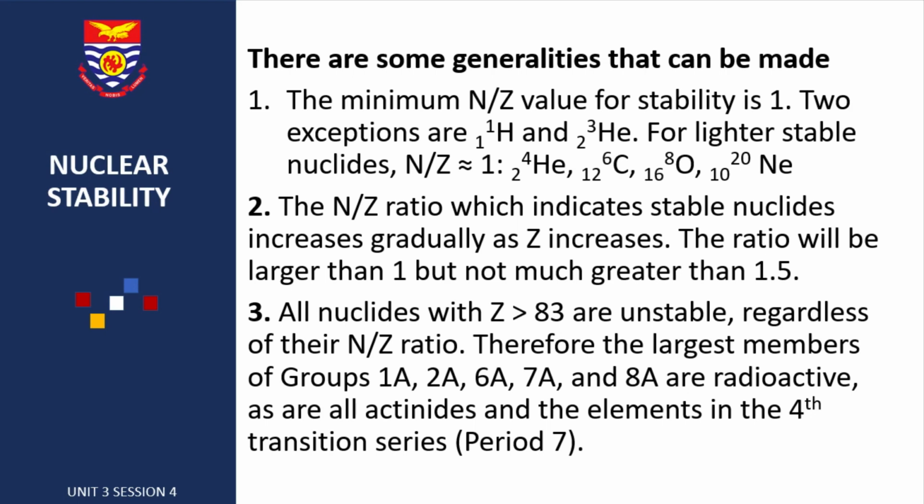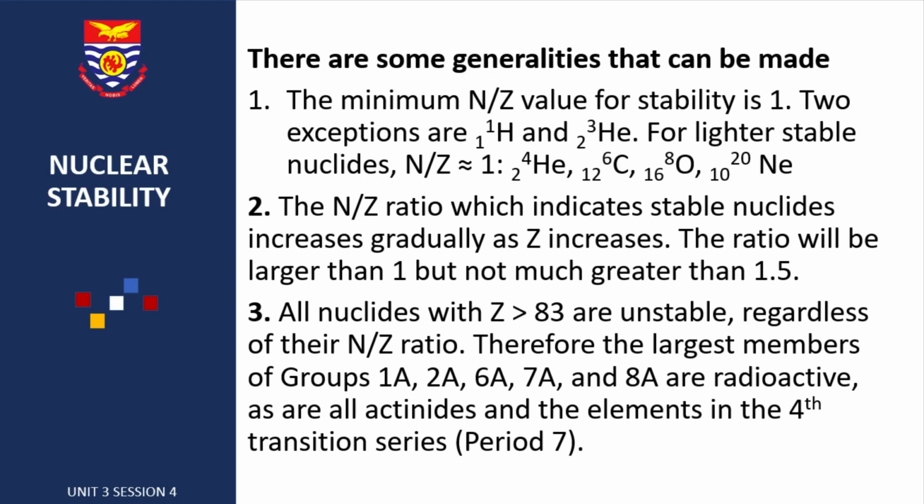Also, another general deduction we can make is that the N to Z ratio increases gradually as the atomic number increases, and the ratio can increase from 1 to not more than 1.5. We can also say that all nuclides with atomic number greater than 83 are unstable, regardless of their N to Z ratio.